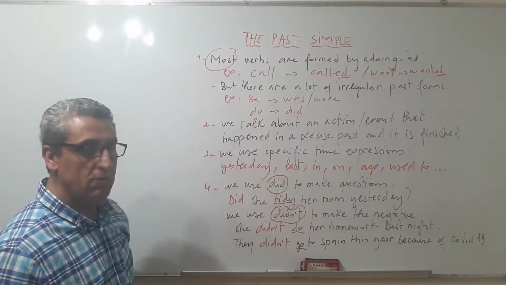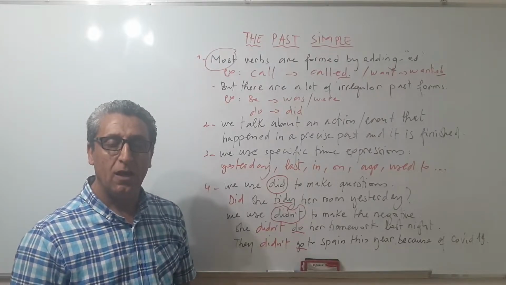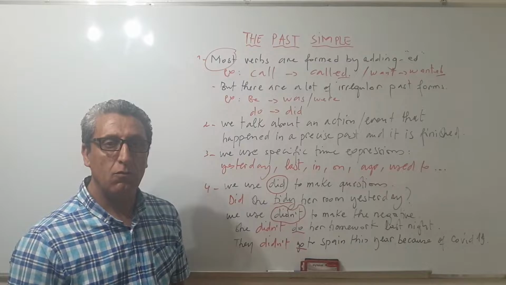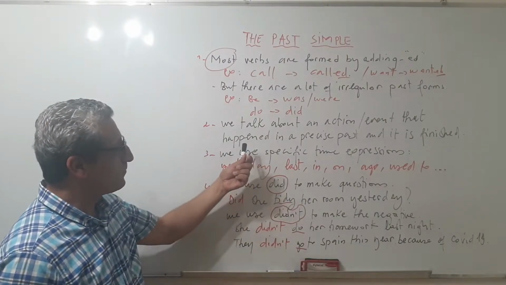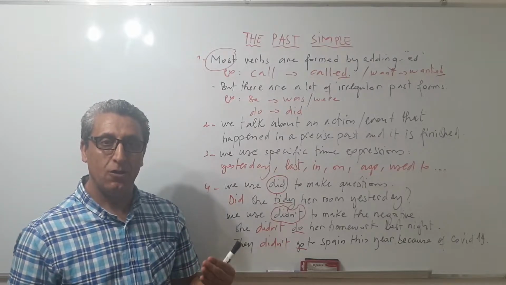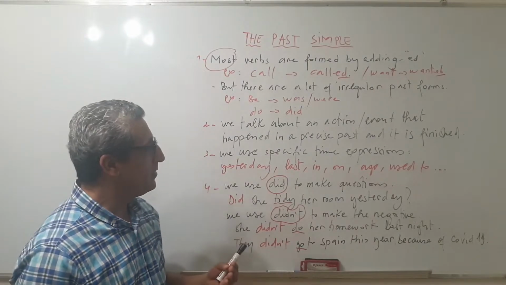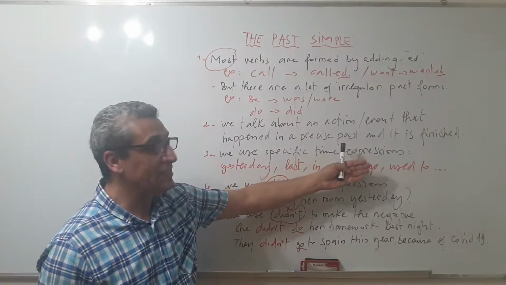Now, we talked about verbs and how we form the past simple with verbs. Now the question is, why do we use the past simple? We use the past simple to talk about an action or event that happened in a precise past and it is finished.